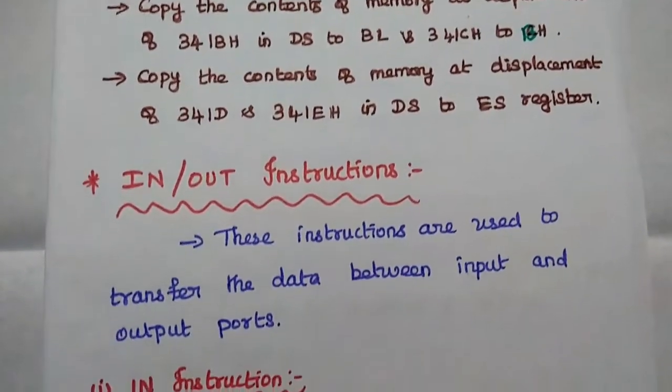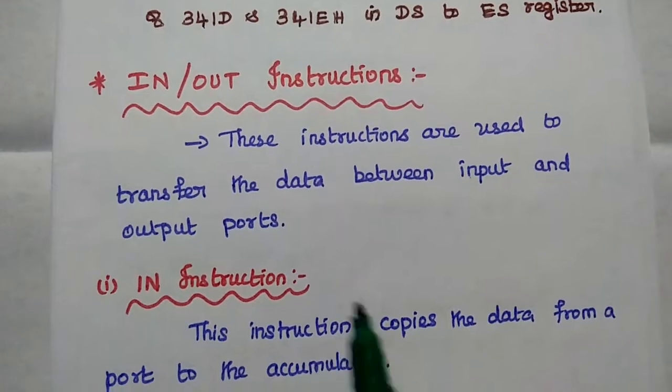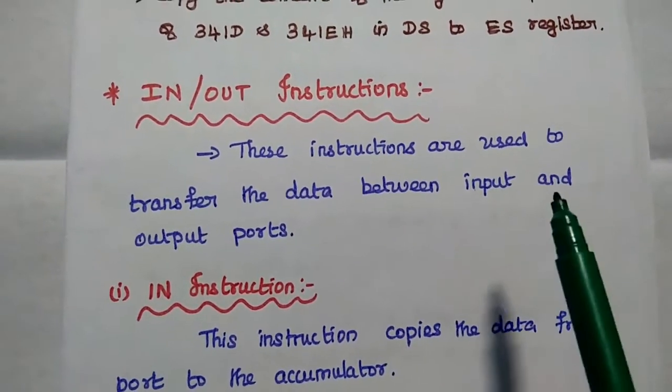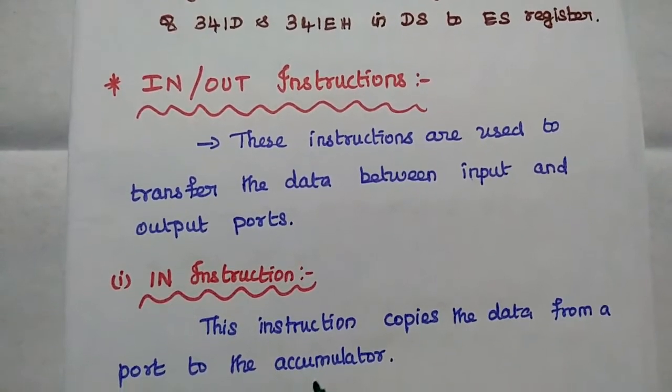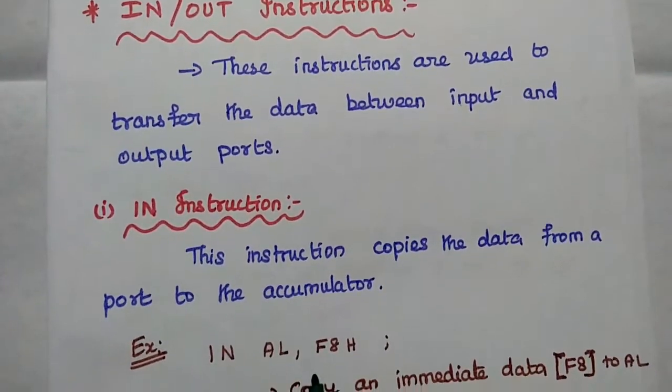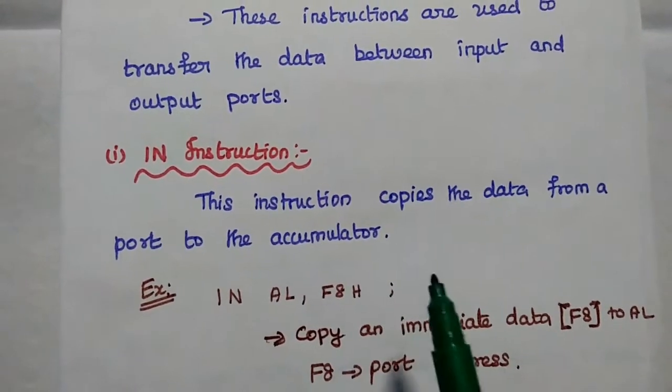The next one is the IN and OUT instructions. These instructions are used to transfer data between input and output ports and the microprocessor. The IN instruction copies the data from a port to the accumulator.